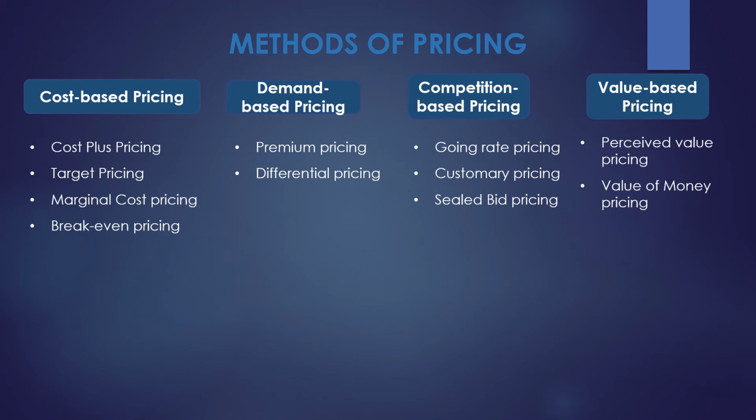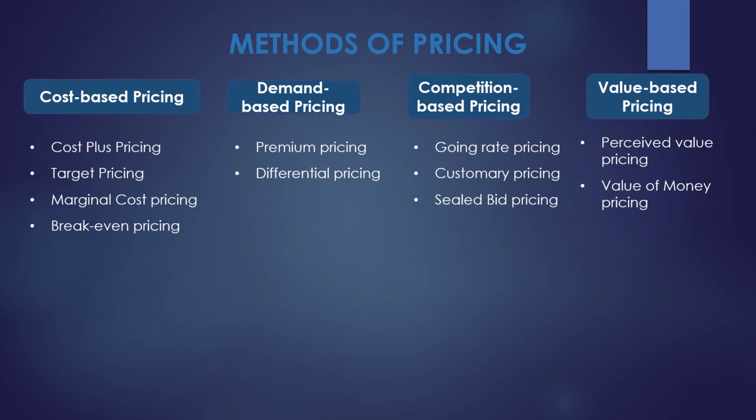Under this method, all the costs and expenses like direct expenses, indirect expenses, administration and selling expenses, distribution expenses, factory expenses, everything. So all costs are totaled, and the total cost is divided by number of units of output.